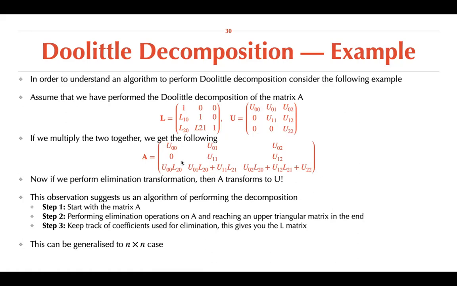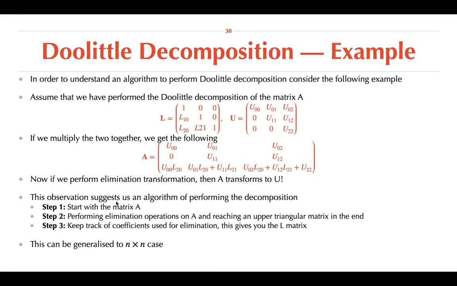If you multiply these together, you will get this matrix. Now if we perform the elimination as we did in Gauss elimination, then this matrix becomes this. And the coefficients lambda that you will use for making this transformation are actually these coefficients. So then you know how you are going to get the LU decomposition.